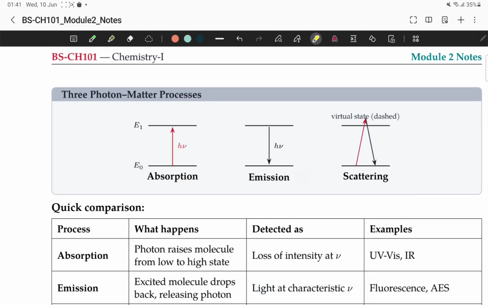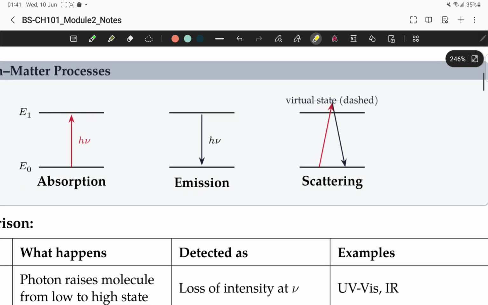Then what is scattering? Scattering means simply that the photon hits the molecule and is instantly redirected at an angle, with or without changing its energy. This is called scattering. Scattering is also known as Raman scattering. I'm writing it, you can mention it in your notes as well.